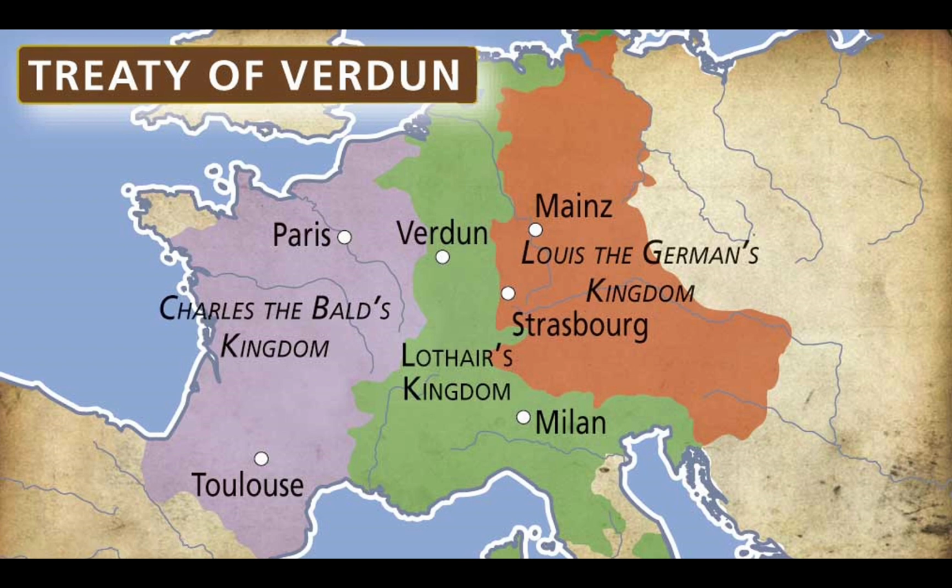Although many things happened in between, okay, so we cannot say that France was like today's France and Germany was like today's Germany, because they had different borders, different size, but we could say that this was the origin of today's France and today's Germany. All right, good. So this basically is the end of this Carolingian Empire, because it's been divided.